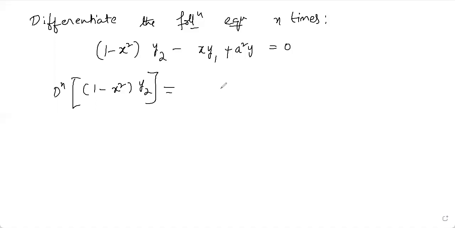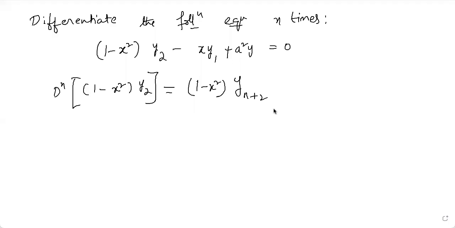Let us do the first one, which will be 1 minus x square, and this will be y n plus 2.